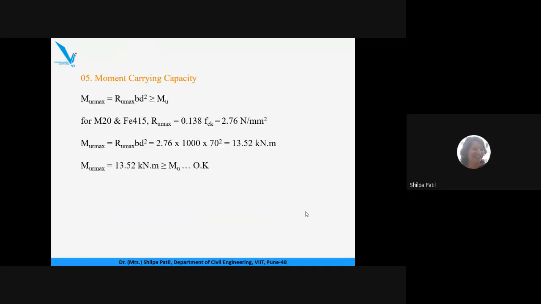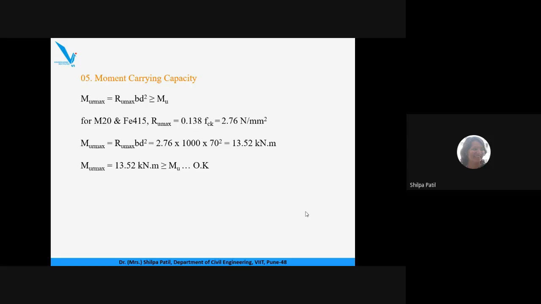Yes. So the next step is finding the moment carrying capacity, that is MUR max. The formula is the same one which we have used for beam, that is RU max BD square, or you can put the value of RU max. Either you can use RU max value directly from the table. The table we have prepared in initial lectures only in the initial month of August.